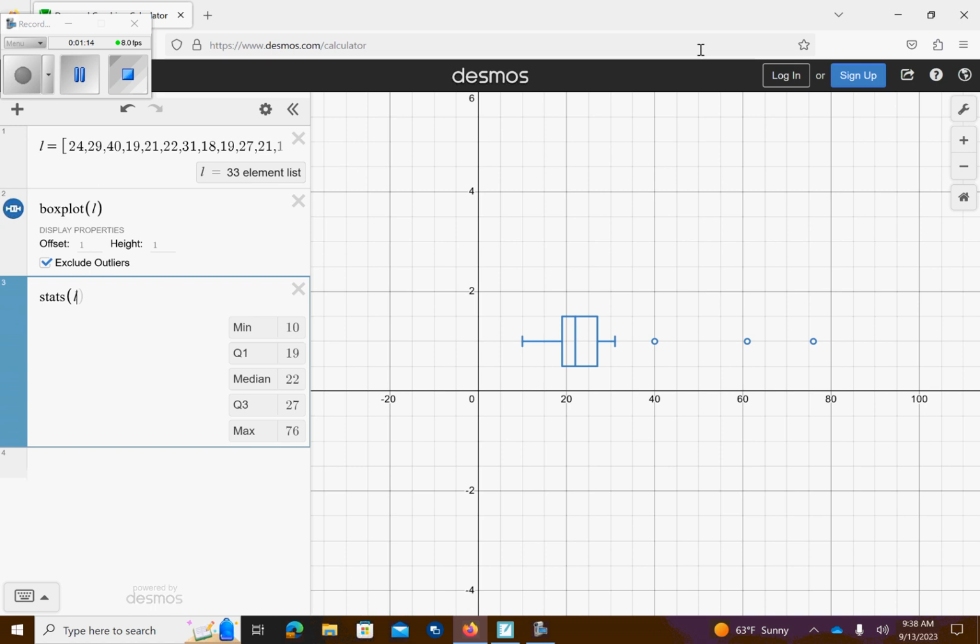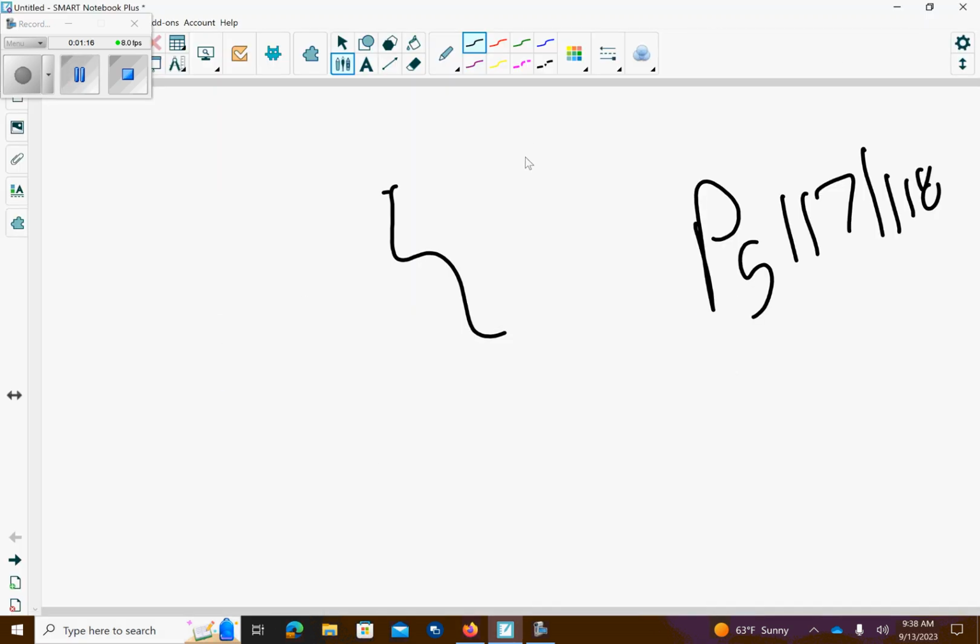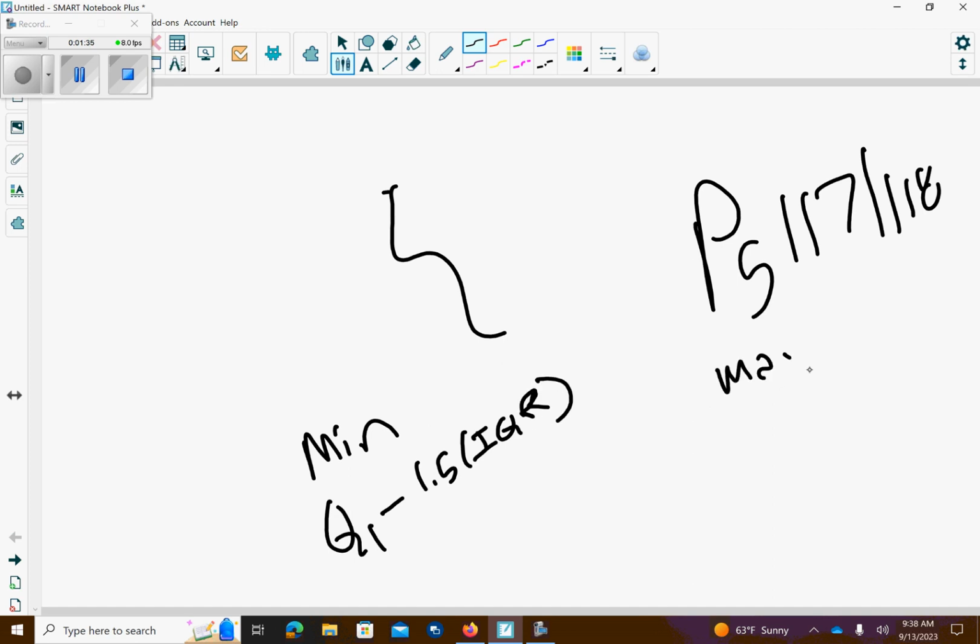So we have to figure out what is our absolute boundary for a min or max. If I want to figure out if I have a minimum outlier, it's going to be Q1 minus 1.5 times the IQR. And then the max outlier is going to be Q3 plus 1.5 times the IQR.